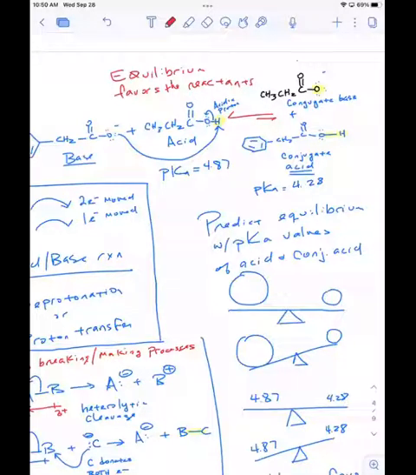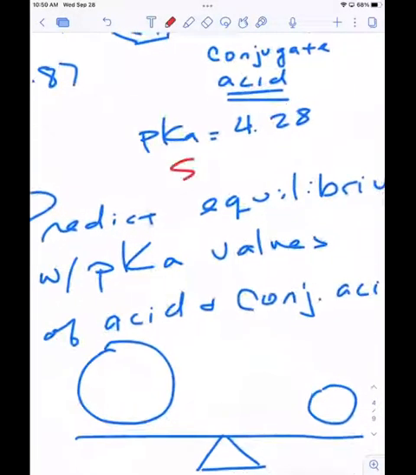There's a reason though, and the reason is that if you look at the two acids, which one is better? Is the propionic acid better, or is the phenylacetic acid better? Which one is a stronger acid? Phenylacetic. The phenylacetic acid. All right, let's think about that. How much stronger?